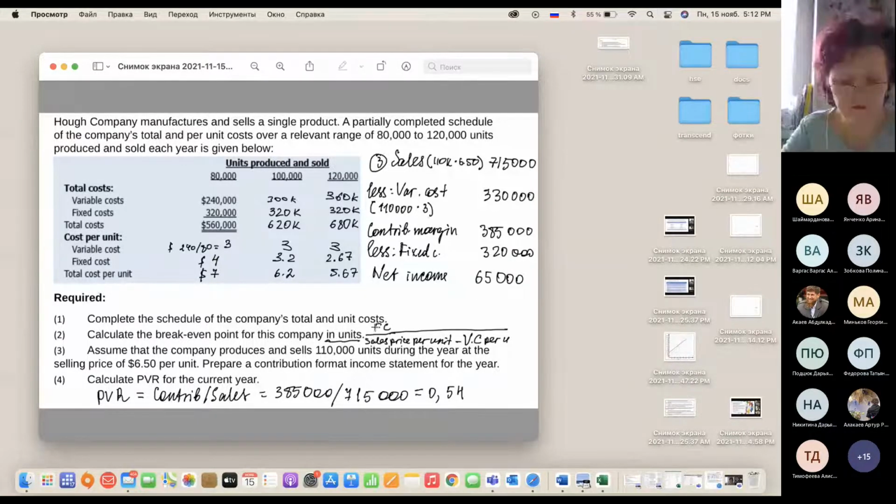And after doing that, we got 91,429 units. This is our break-even point.